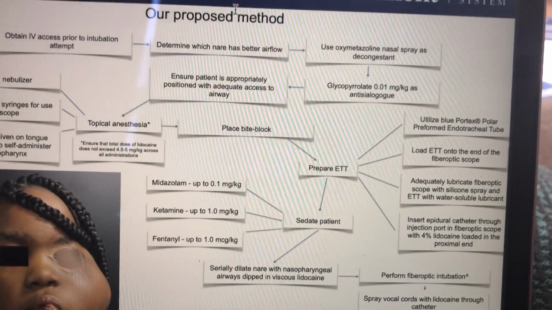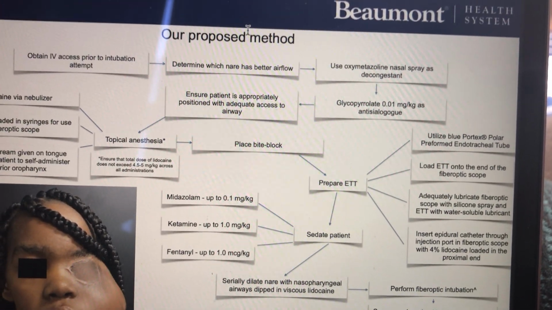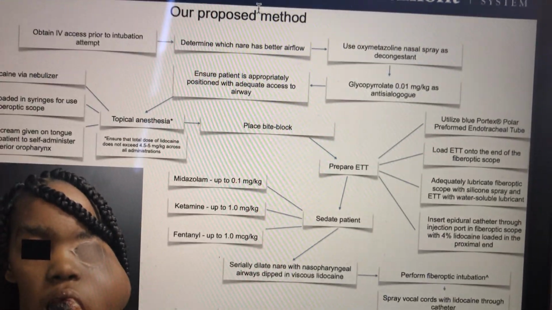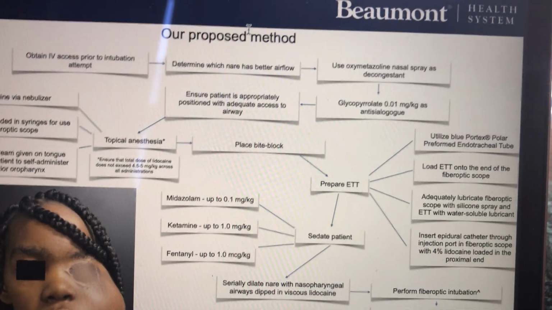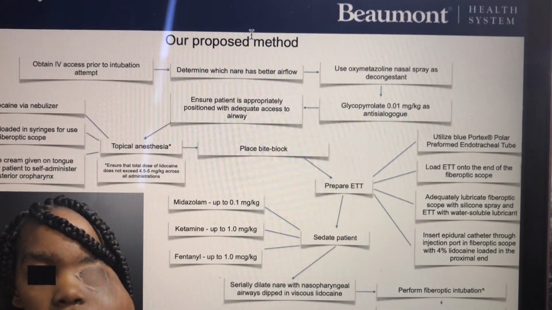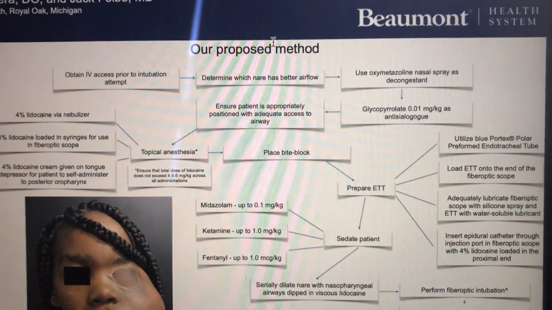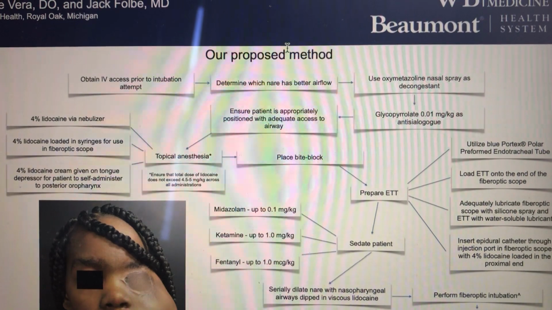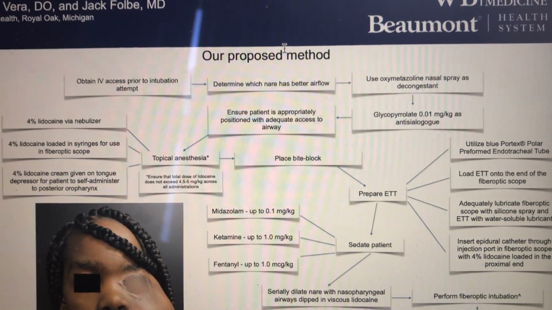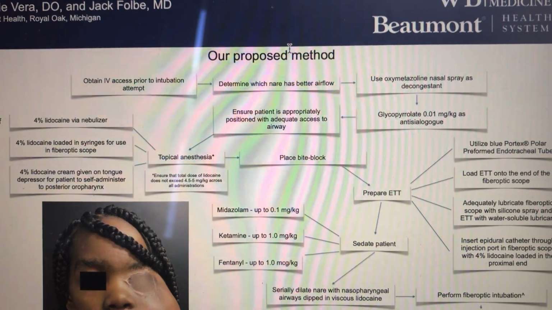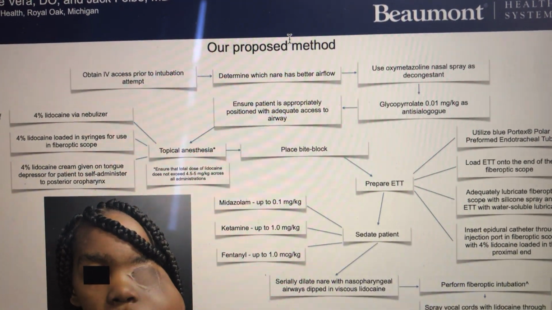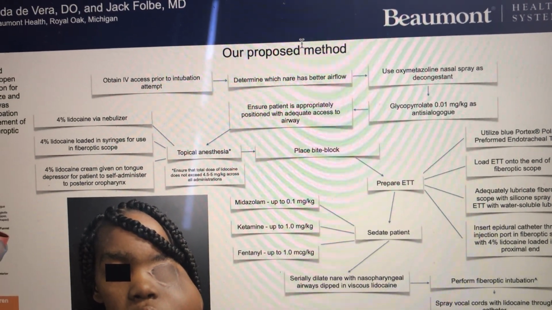And then you want to pre-medicate, usually both nairs, with oxymetazoline spray, which is over-the-counter Afrin. Before entering the operating room, we typically give glycopyrrolate as an antisialagogue up to 0.01 milligrams per kilo.